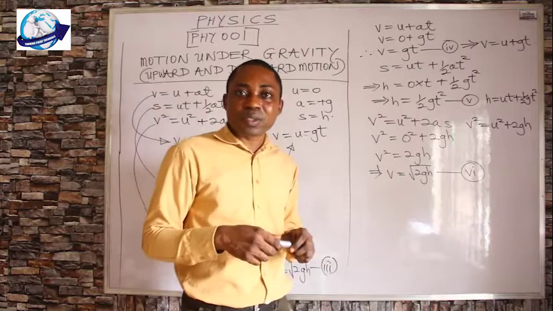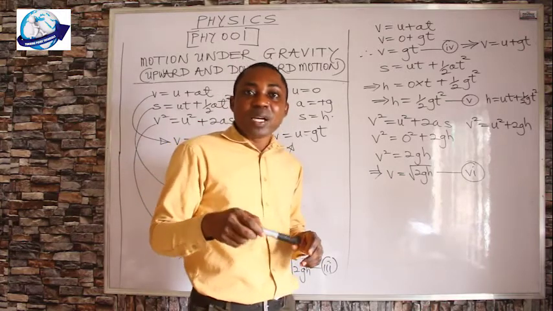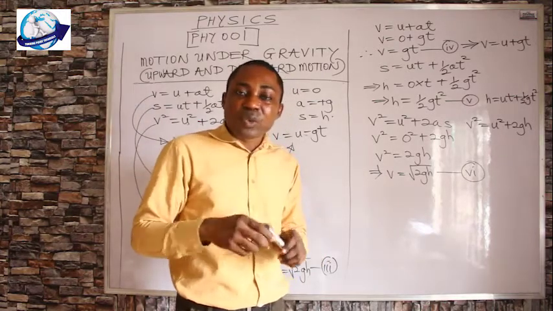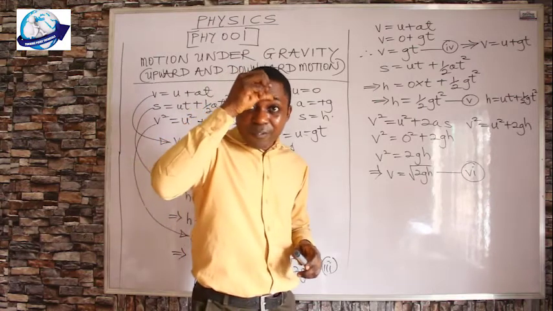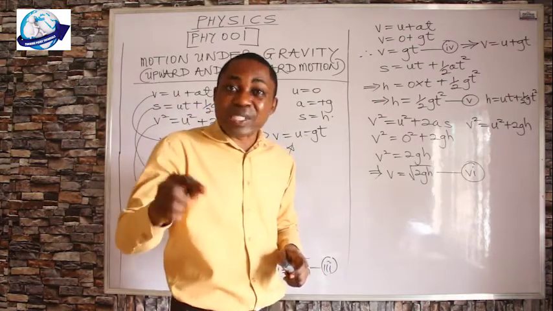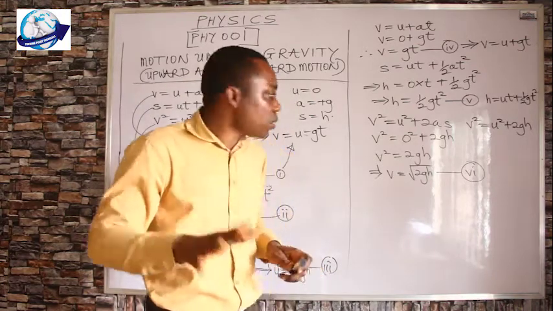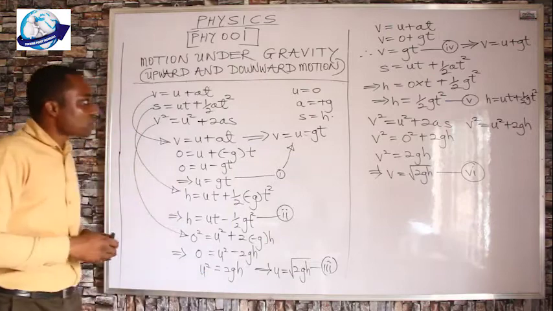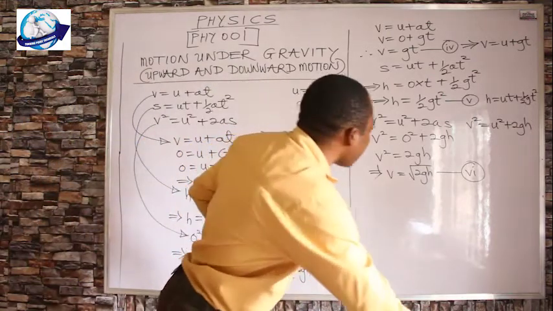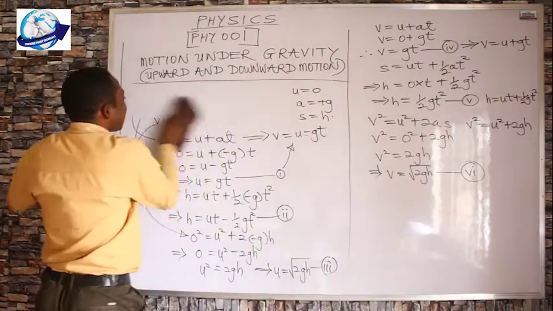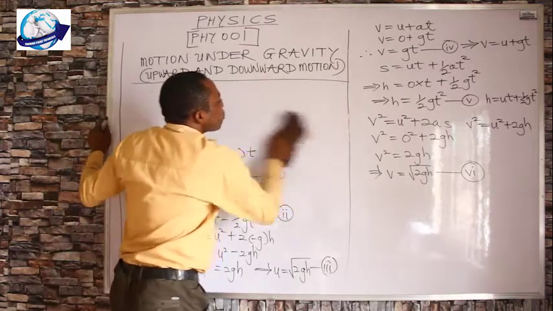Then let's come to another aspect again. Whenever you are asked to look for the time for a free falling body, the time it takes a body to fall freely to the ground, then you can bring out some derivations. Very, very important. The time it will take a body to fall freely to the ground.